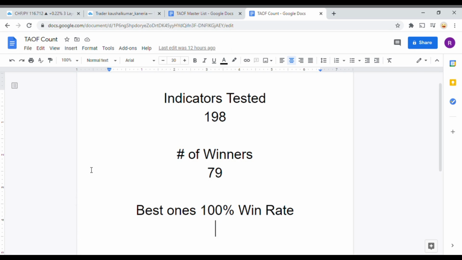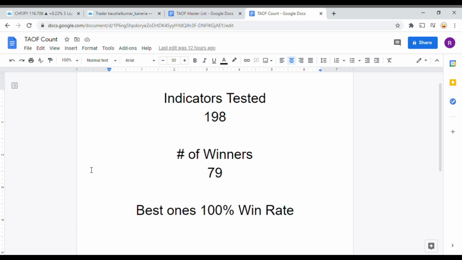So to date, we have tested 198 indicators. And out of those 198 indicators, 79 of them have been winners, which means that they have met or exceeded the 60% win-loss ratio threshold that we have set for them.